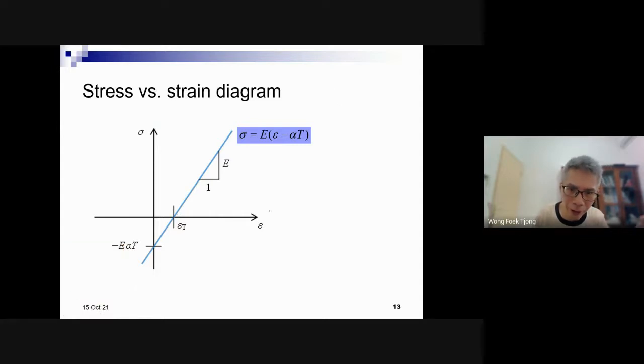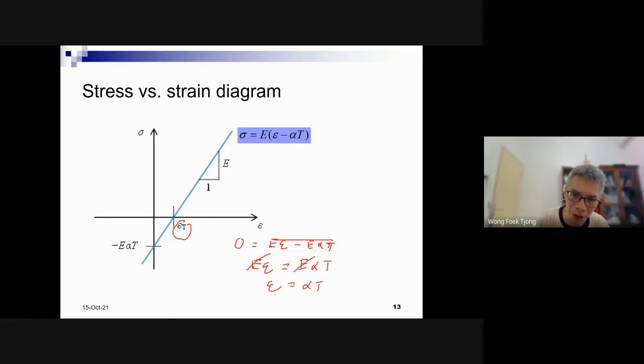So in the case when sigma equals 0, E epsilon minus E alpha T equals 0. So E epsilon equals E alpha T. In other words, this epsilon is called epsilon due to temperature only, alpha T, right?